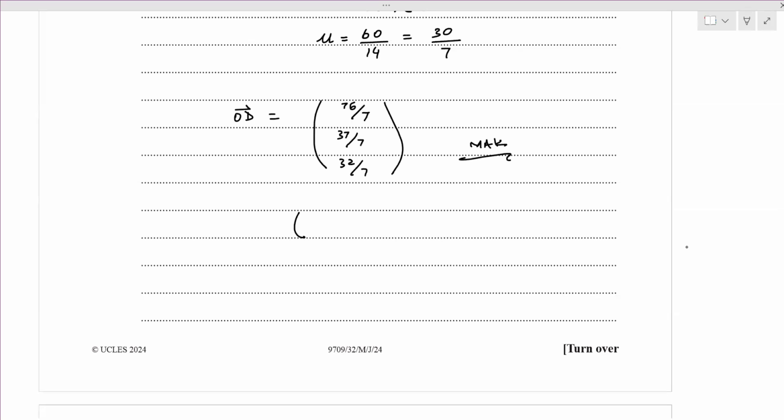Write in coordinate form. What are the coordinates of D? 76 over 7, 37 over 7, 32 over 7. These are the coordinates. Hopefully, the question of vector is also clear.